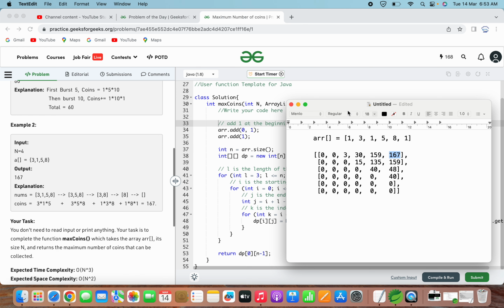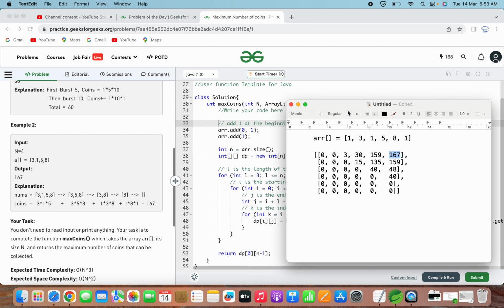If you can see this, firstly it will populate 3, 15, 40 and 40. That means this diagonal will get populated. So how is this getting populated?